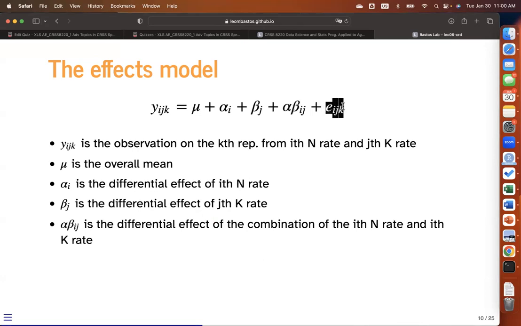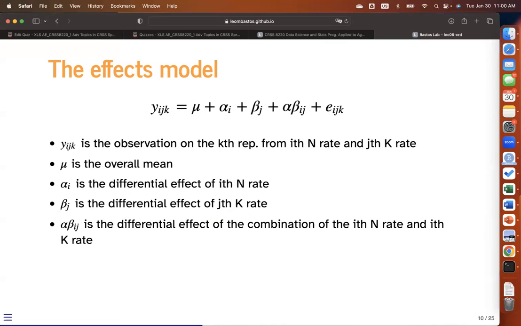And then finally, our error or residual term. Imagine that we're taking these pieces and saying, this observation I have here, I can get to it by knowing how much of its value is coming from the overall mean, how much from the main effect of nitrogen, the main effect of potassium, and their interaction. Then still there's going to be uncertainty, right? Because we're not going to be able to explain or predict something 100%. There's always going to be error or noise that is left after you account for all of your treatment and experimental design factors.